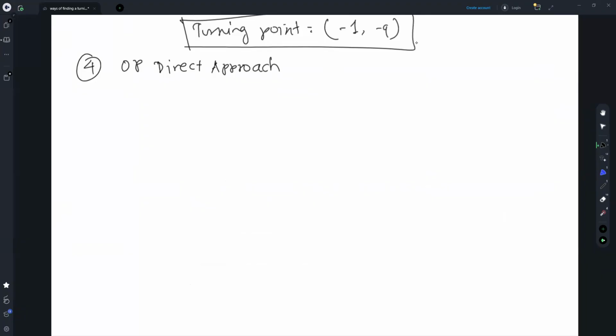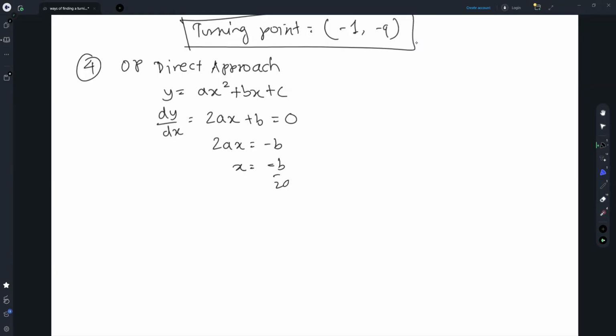I'm just going to show a bit of a derivation first, where this comes from, and then I'm going to show you how you can use it. Let's go back to the standard form of the quadratic equation. If we differentiate this, we'll be able to find the exact x coordinate where we have the turning point. Setting this equal to 0, we have 2ax equals minus b, x equals minus b by 2a.